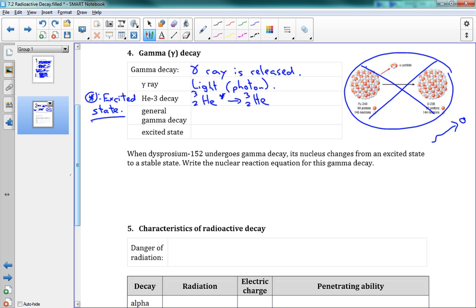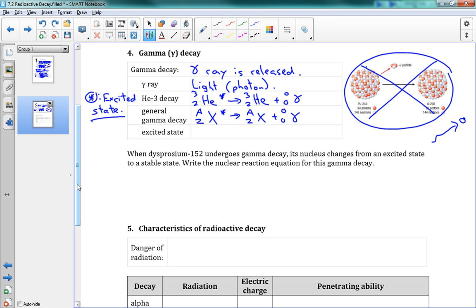It's still just helium, but you see I don't have the star anymore. And then I'm going to add a 0, 0 gamma ray. So all that's happening is I'm converting that star into a gamma ray. Notice that the gamma ray doesn't have any mass, it doesn't have any charge, it's 0, 0. So not much has changed. Our general equation for that is: if we have ZA X star, when it's in an excited state, it goes to ZA X not excited plus 0, 0 gamma.